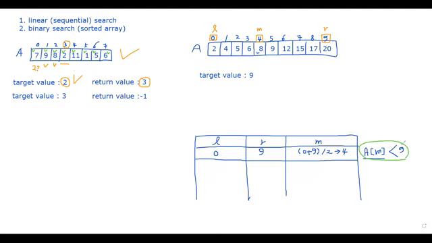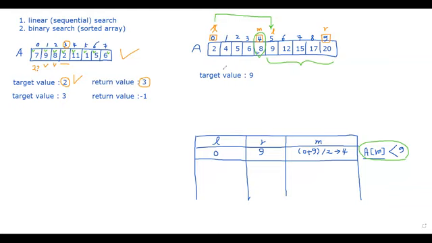So we should find the next middle index. We should move left to mid plus 1. So this will be the new left, and this is not left anymore.